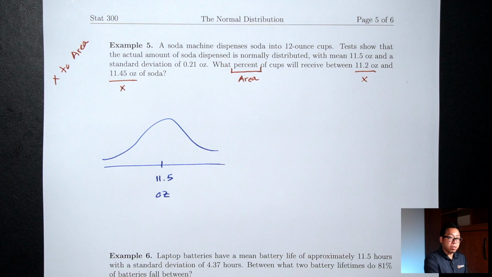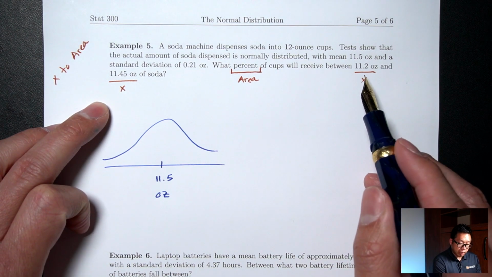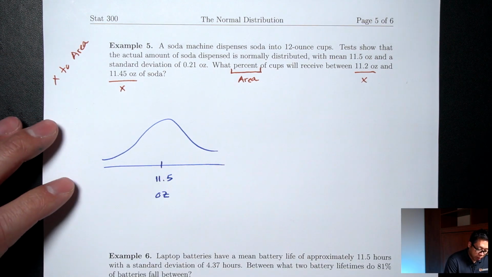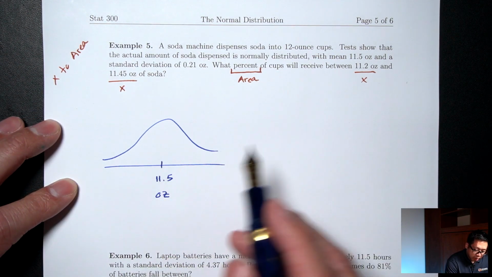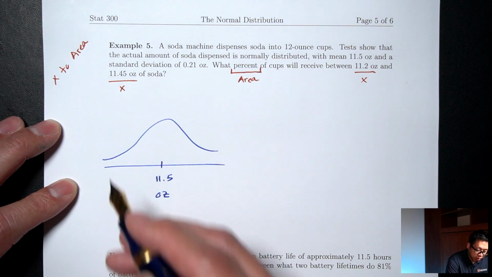Next thing I need to decide is whether this is shaded to the left, shaded to the right, or shaded in between. So let me put these x's on here. So we said 11.2 and 11.45 were x's. So both of those will go on the x-axis. And both of those are actually both less than 11.5. So let me put them on the left side.